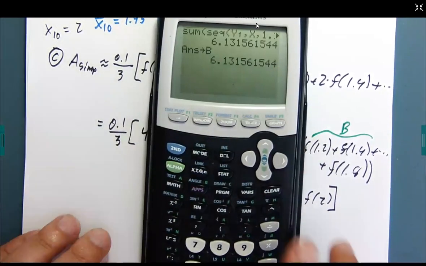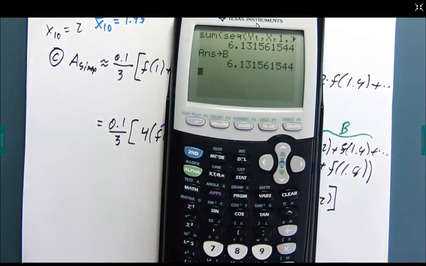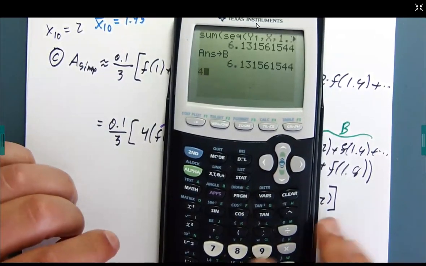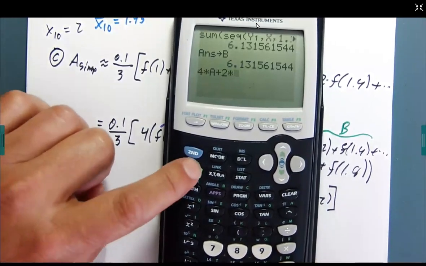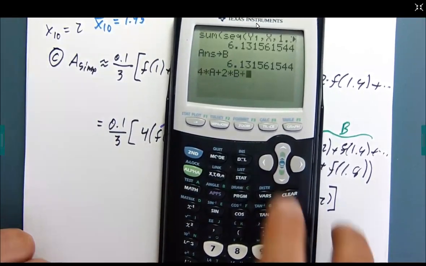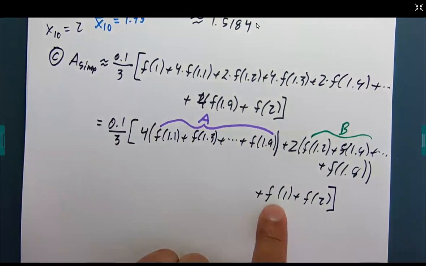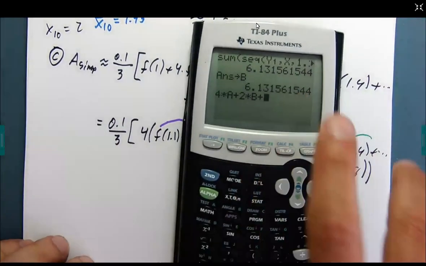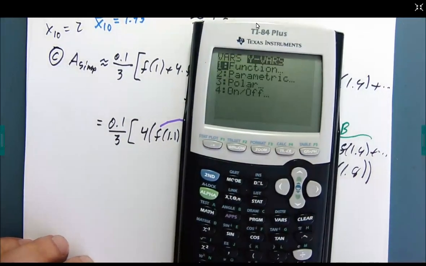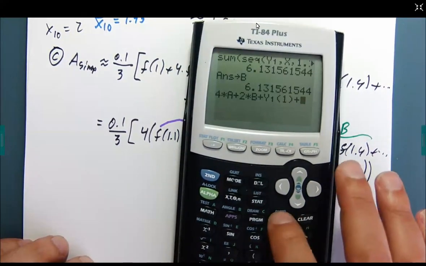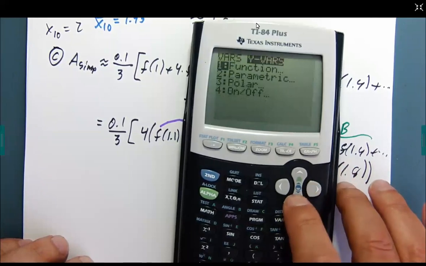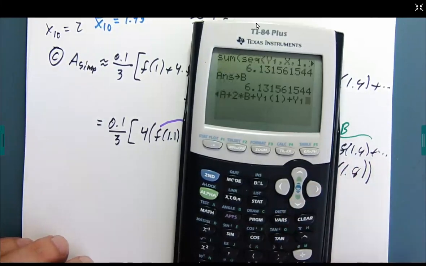So now that I have that, I'm going to do this. 4 times A plus 2 times B plus, and now I need f of 1 and f of 2. So vars, y vars, f of 1 at 1 plus vars, y vars, f of 1 at 2.